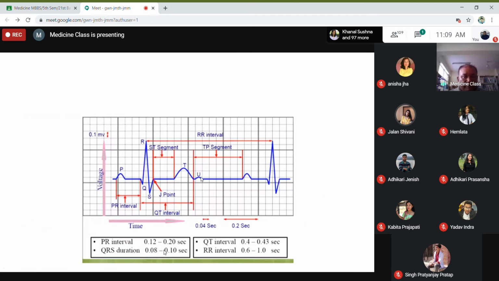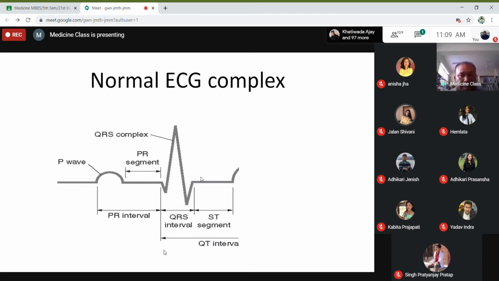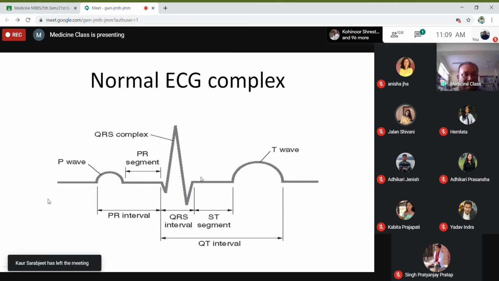Now, going through the normal ECG complex. It starts with a positive deflection that we call a P wave. Then there is a straight line. Then there is a complex, called the QRS complex.